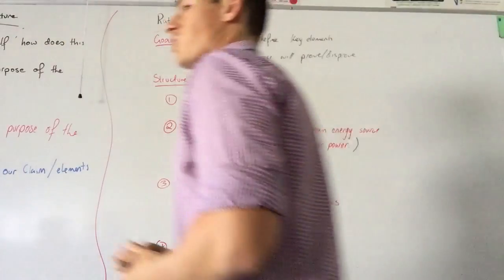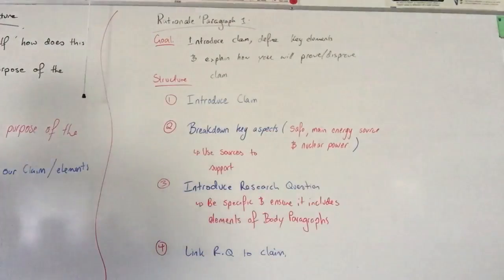A better research question would be something along the lines of, if the blah blah method of nuclear fission can be proven to lower the likelihood of death in operation with minimal risk of incident and nuclear weapons, then the safety aspect of the claim can be supported or proven. That would be a reasonable research question.